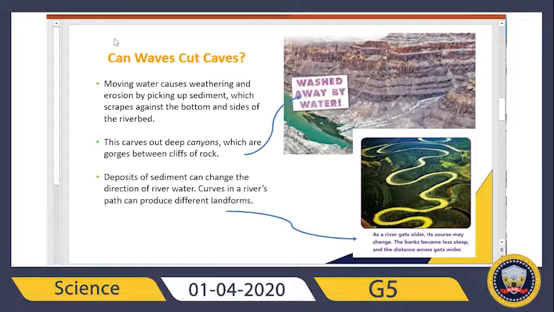Also, now I want to talk about water a little bit more, because water can cause really important changes around itself. It can create valleys, canyons like this. It can carve out these rocks in time.